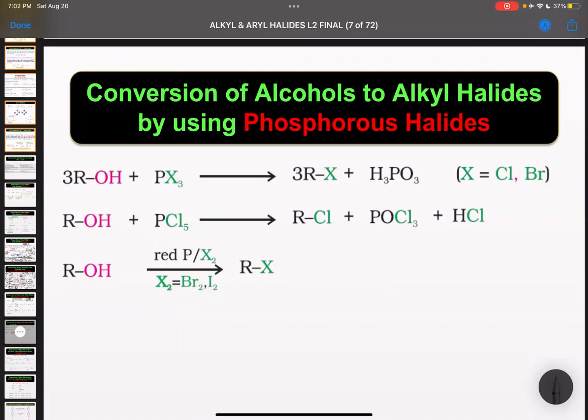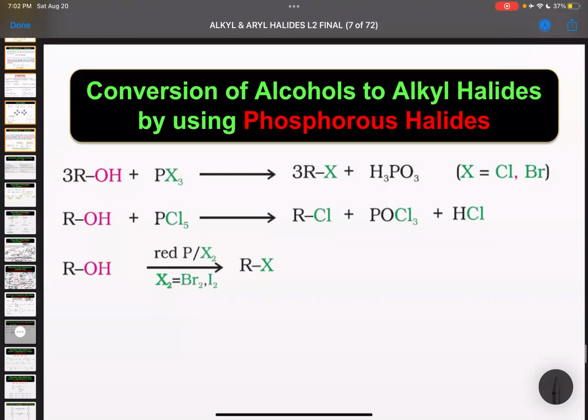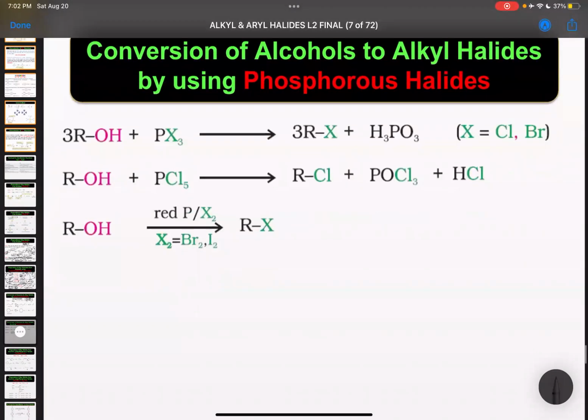Now, phosphorus halides. You have actually two types of phosphorus halides: PX3 and PX5. They will be there in our P block also.